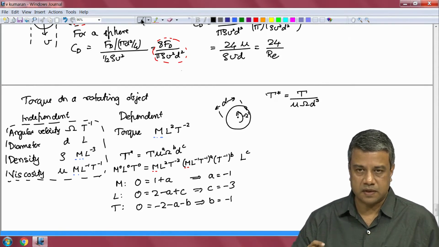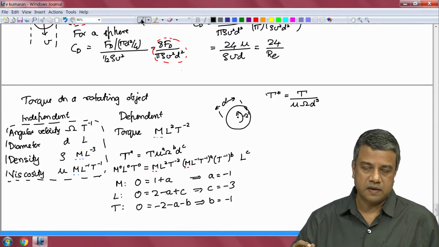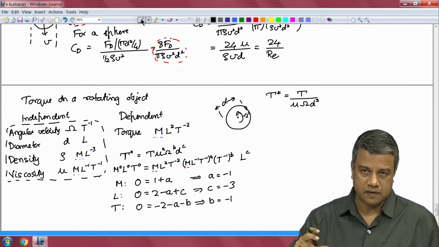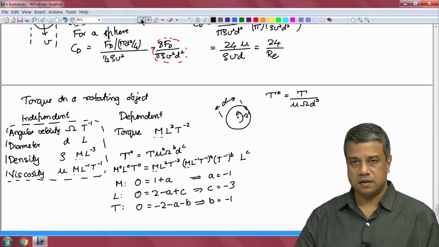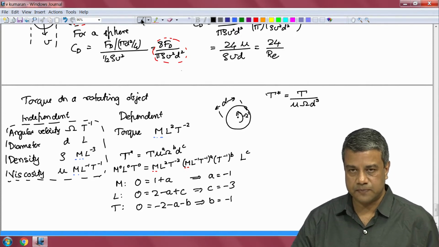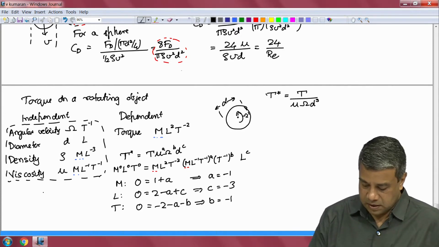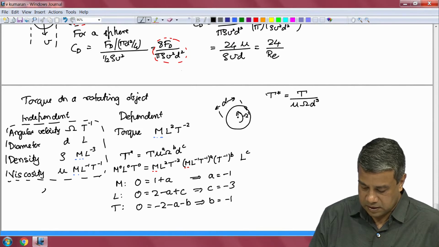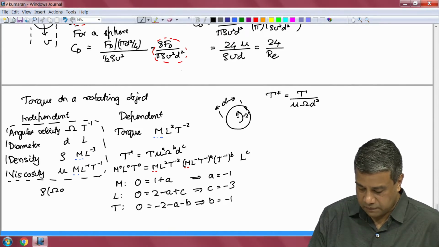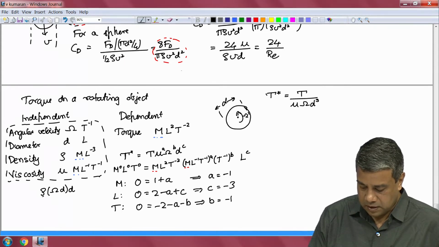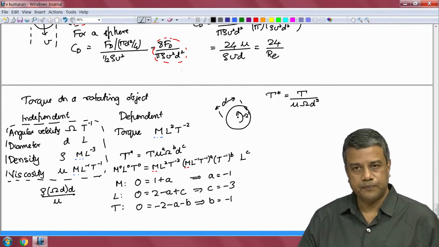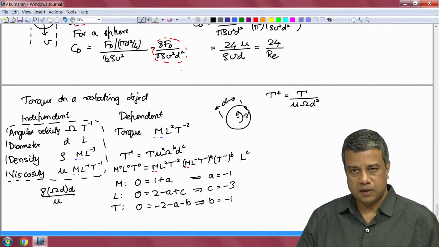The velocity is the angular velocity times the radius, the distance from the axis of rotation, right. So, this dimensionless group I can write quite easily as rho into something with the dimension of velocity into d by mu, because I know that rho v d by mu is dimensionless.